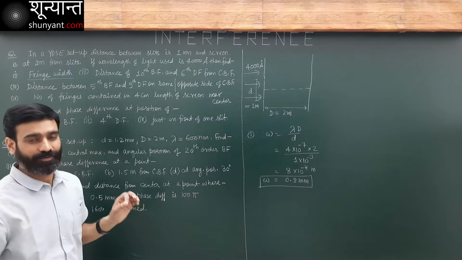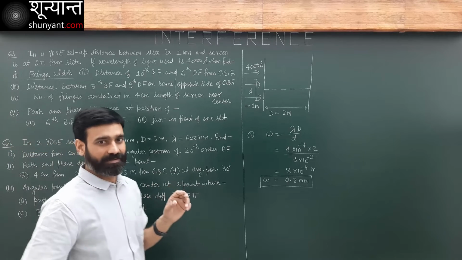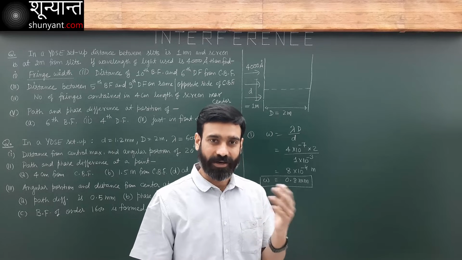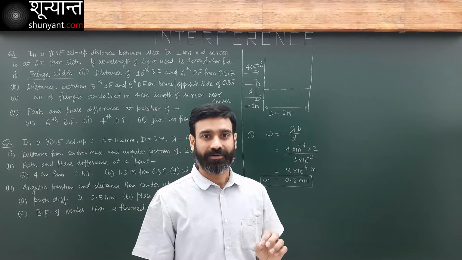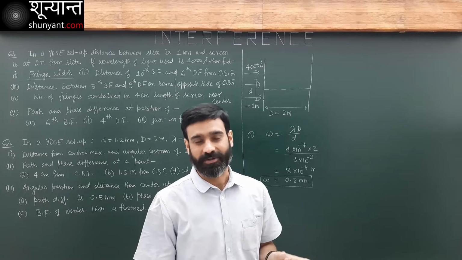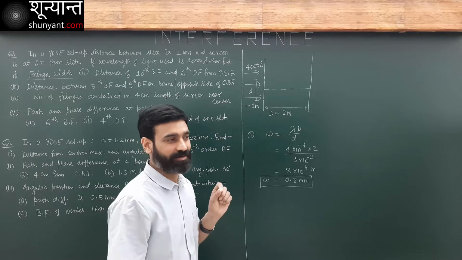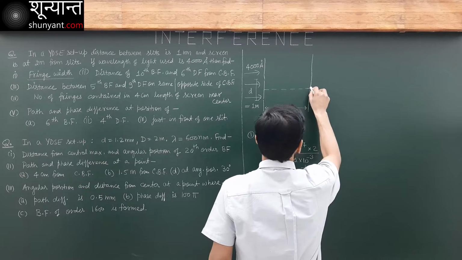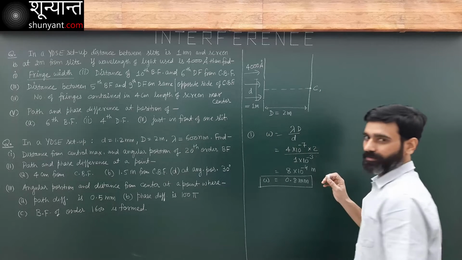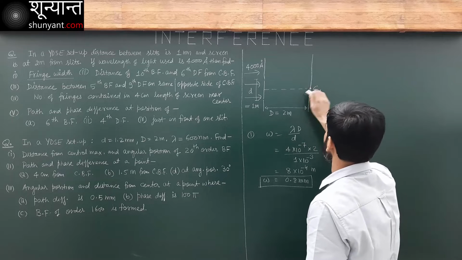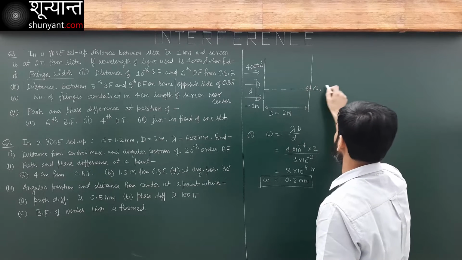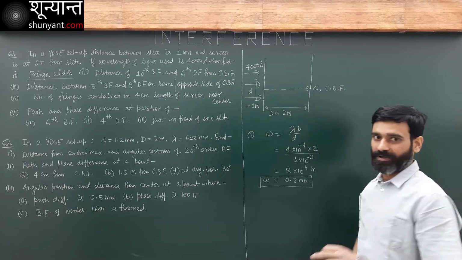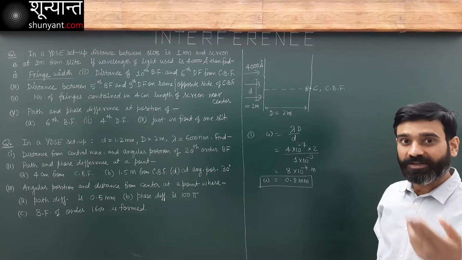Fringe width. Okay. Now what does this mean? It means the linear distance between two successive consecutive bright fringes or between two dark fringes. Now what it means is, at this point here, which is the center of my screen, I am going to get a bright fringe. It is known as the central bright fringe.